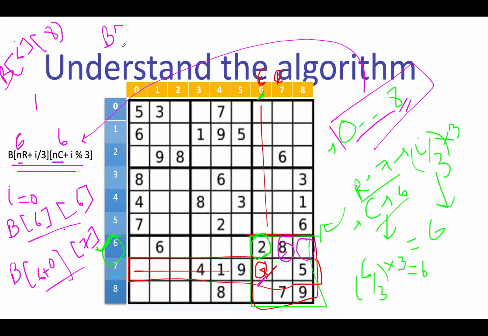So board of 6 plus 8 by 3, which is 2, and 6 plus 8 modulus 3, which is again 2. So what would be this element? This element would be nothing but board of 8, 8. So you can see for yourself that we have traversed all the elements in this submatrix only using this formula.